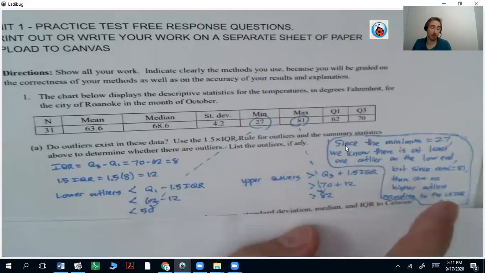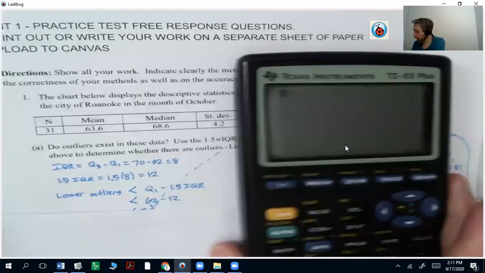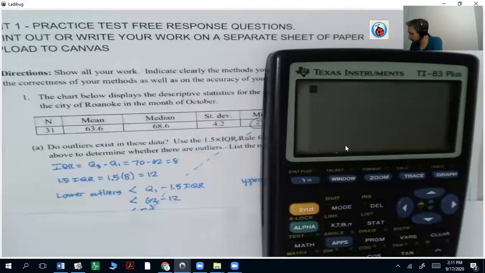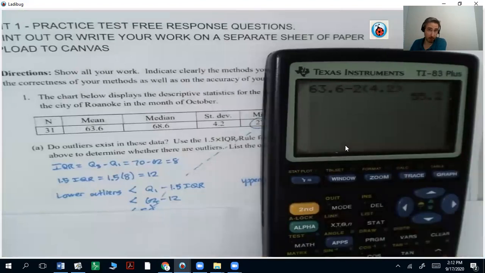Remember that this one said to use that rule, but there are other rules using standard deviations, where you add or subtract 2 standard deviations to the mean. If you take away 2 standard deviations, anything below 55 would be considered an outlier using that rule.